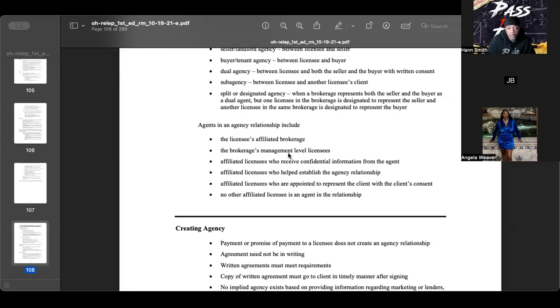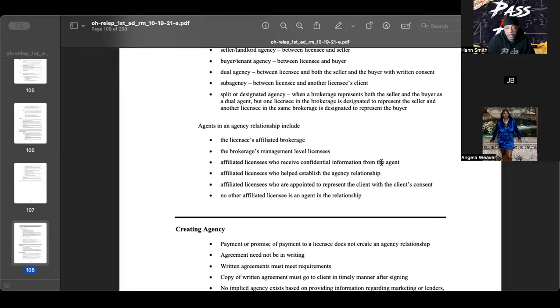All right, the broker's management level, licensees don't even worry about that. That's probably going to be also a general relationship. All right, affiliate licensees who receive confidential information from the agent, that's a sub-agency relationship. Affiliated licensees who help establish the agency relationship, that's also a sub-agency type of relationship.